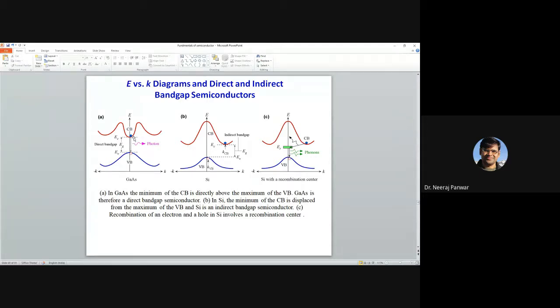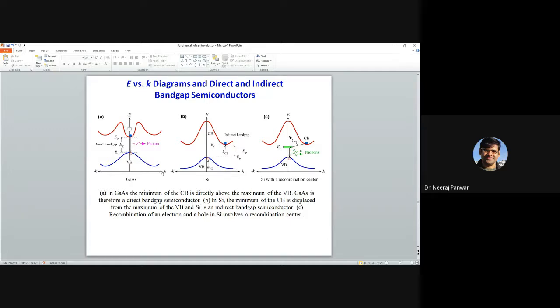Now, if we have the E-K diagram for any particular semiconductor in which the top of the valence band and the bottom of the conduction band lie at the same K value. From figure A, you can see that the top of the valence band and the bottom of the conduction band lie at the same K value. On the x-axis, we have K, and on the y-axis, we have energy.